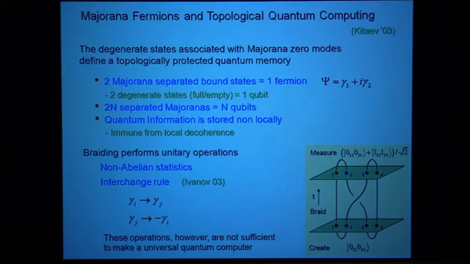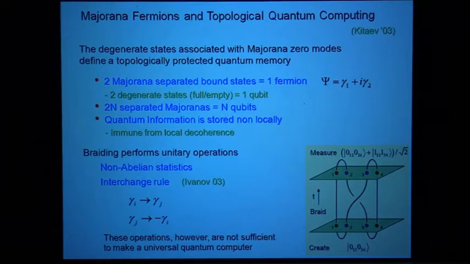Even if you could make these work, the operations that you can do are not powerful enough to make a universal quantum computer. But I think they'd be a good start. We would very much like to make these happen. Yes.